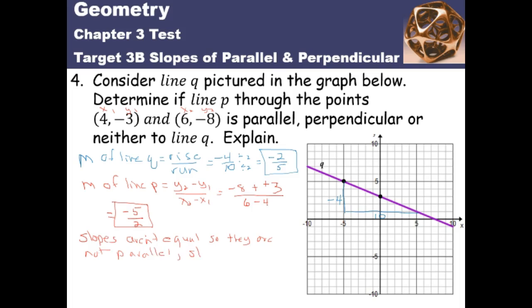And the slopes are not negative reciprocals, so they are not perpendicular. So they are neither parallel nor perpendicular.